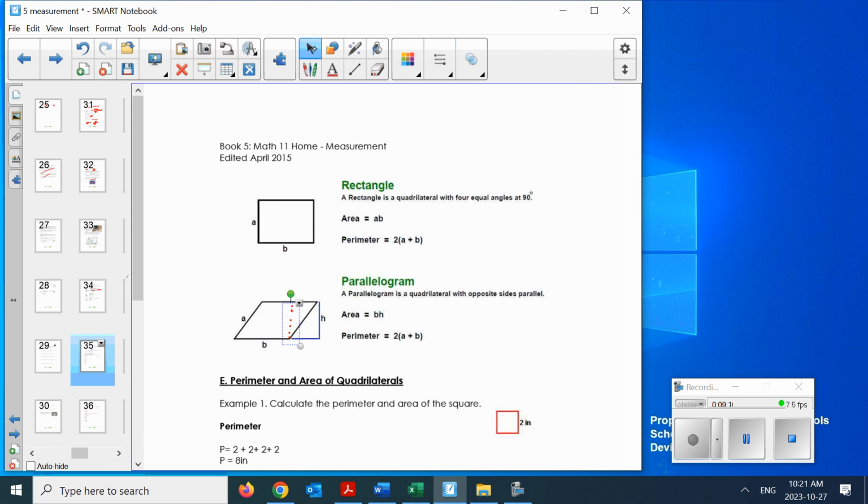It's this way because if I cut off this triangle part right here and move it over here, I would have a rectangle. See how if I go base times height, I ignore this part here. I cut this part off and move that green piece, and I just have a rectangle.